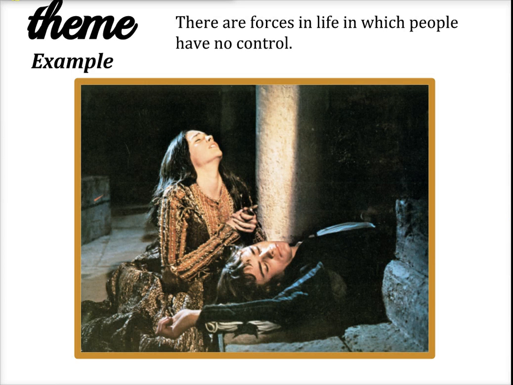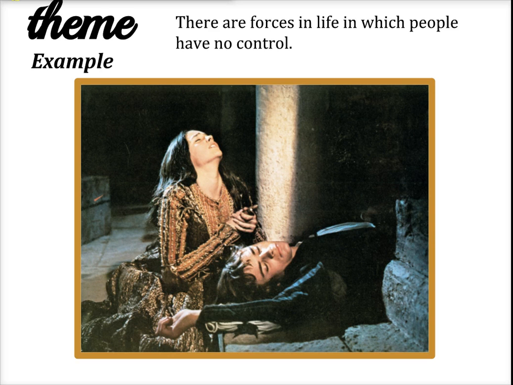In Romeo and Juliet, there seems to be a series of bad things that happen that they had no control over. Romeo falls in love with Juliet, and she is his enemy's daughter. And the same thing goes for her. She falls in love with her enemy's son. Romeo never gets the message about the letter because Friar John was detained and quarantined.